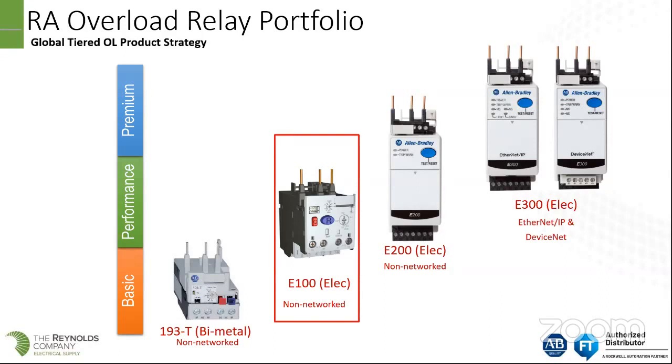It is a non-network device. The E100 then falls right above basic, starting to get into the performance level. And then we offer the E300 at the high end, which is networked with Ethernet or DeviceNet. And then the E200 falls right between that. That's a standalone version of the E300 that can be configured with a parameter module on the front.